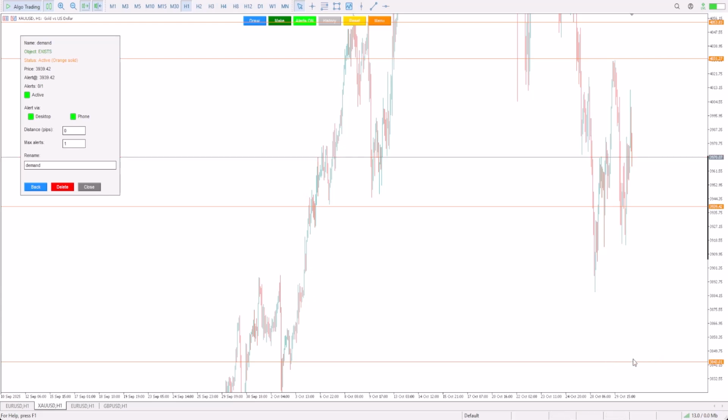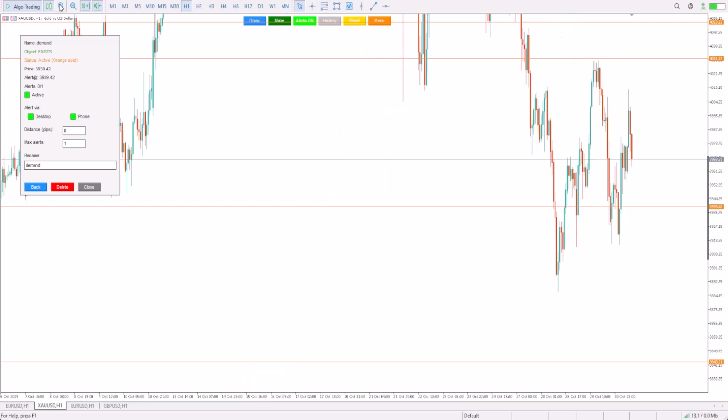So that's the point of the analysis, not to do it when price is already there and you're sitting on the computer and actively trading. That's that.